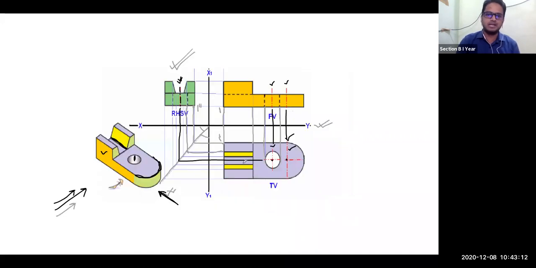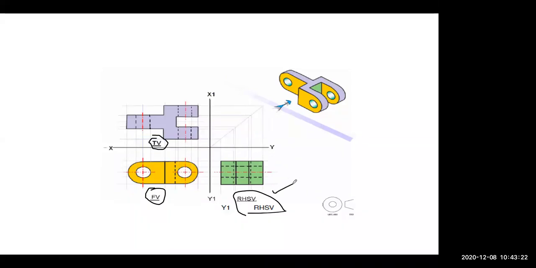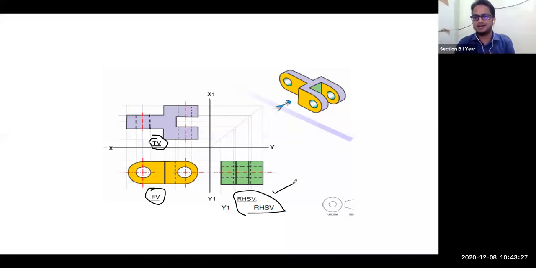In the previous figure, you can see the front view is above your reference line and the top view is below the reference line. But in this case, it is the reverse. And this is the best way for students to find out: if the right hand side view is on the right hand side, then it is nothing but third angle projection. Okay, very good.